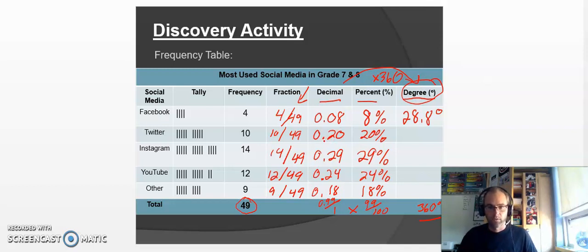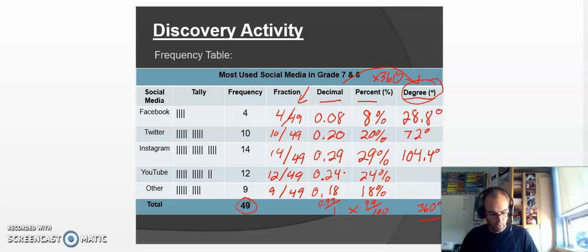So for Twitter, 0.20 times 360, I get a value of 72 degrees. 0.29 times 360, I get 104.4 degrees.